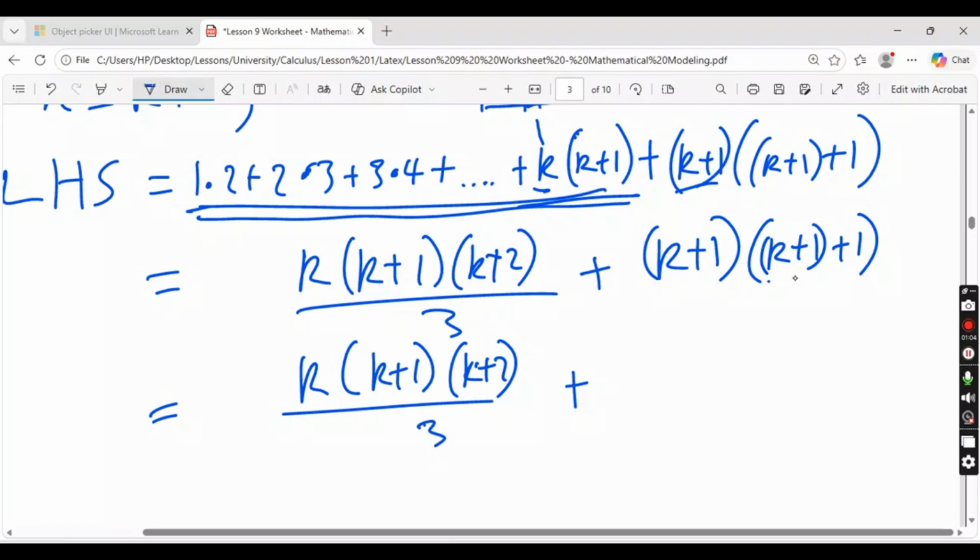For example, we have here, in the bracket that says k plus 1 plus 1, we can simplify it further. It's not the same as k plus 1, because we can't simplify k plus 1 further, but we can simplify k plus 1 plus 1. So we would write k plus 1 times k plus what?